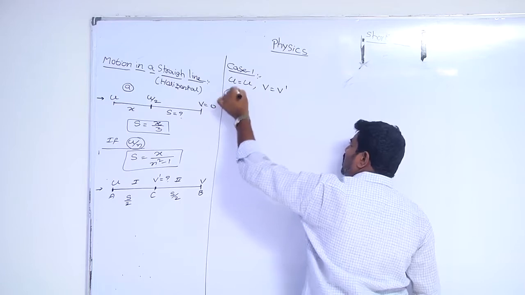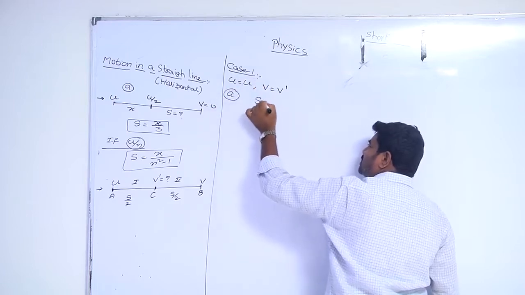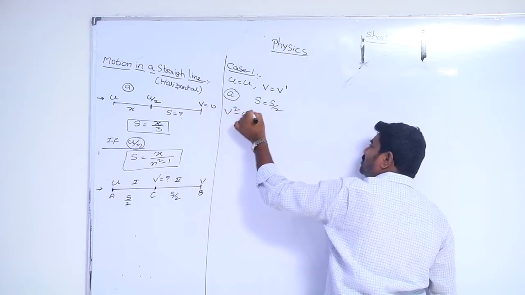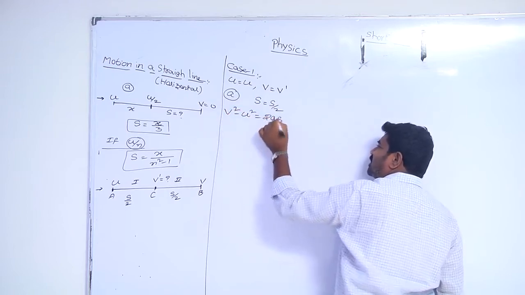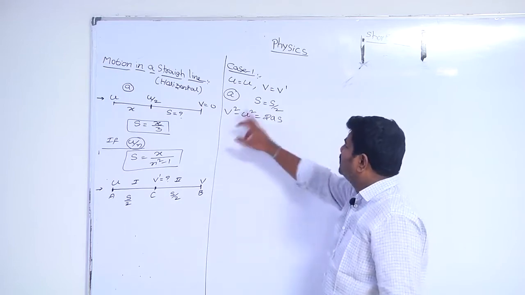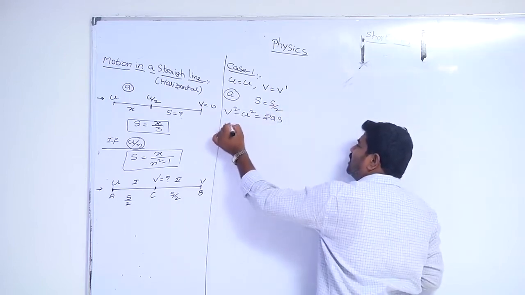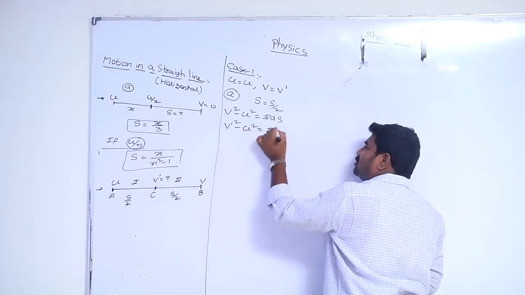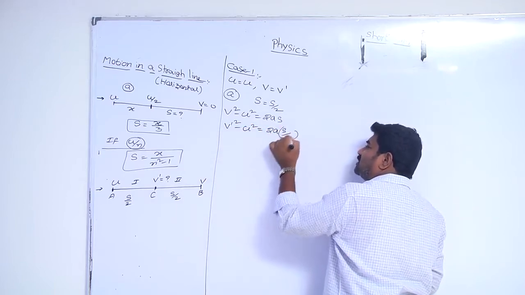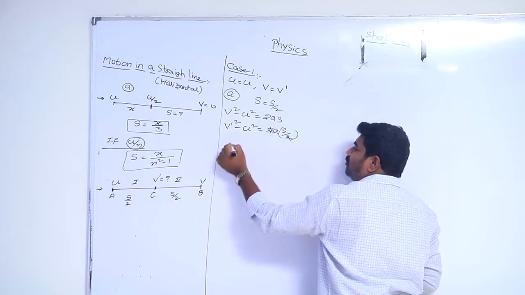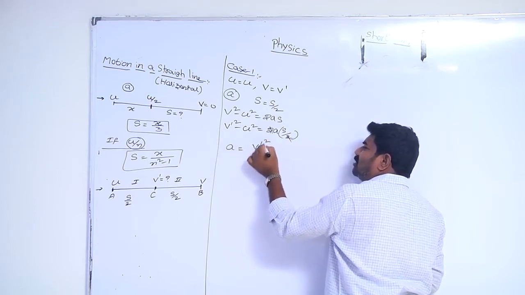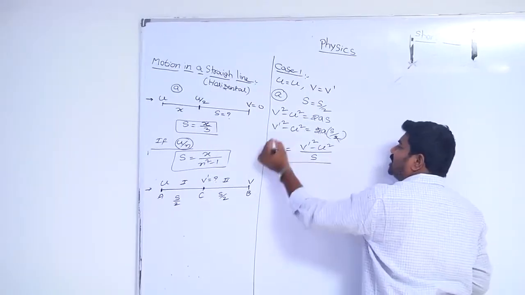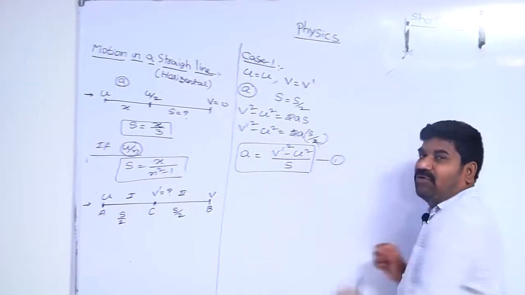It moves with constant acceleration, and the displacement is s by 2. We use the equation v square minus u square is equal to 2as. Here v dash square minus u square is equal to 2a into s by 2. Therefore, acceleration is v dash square minus u square by s. This is equation number 1.